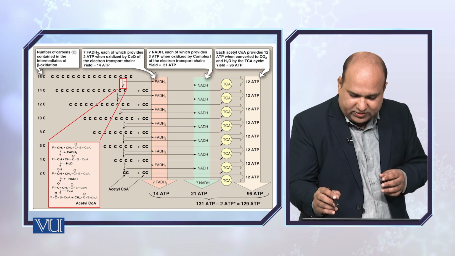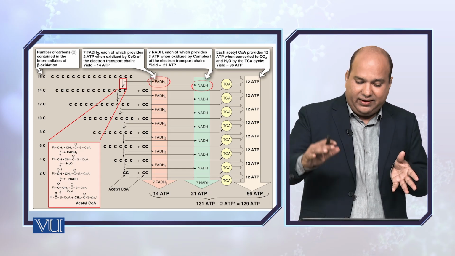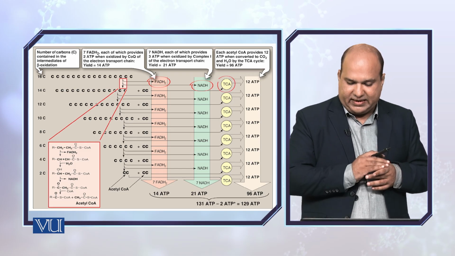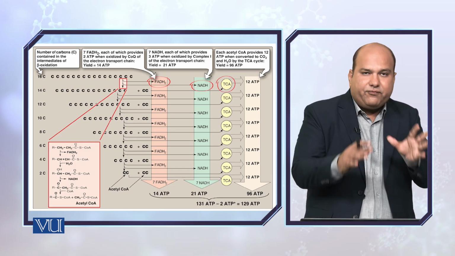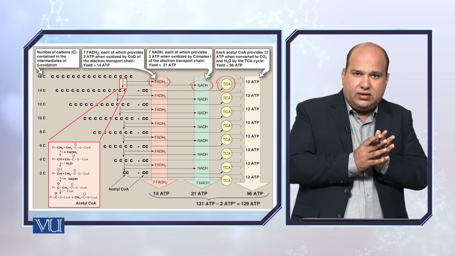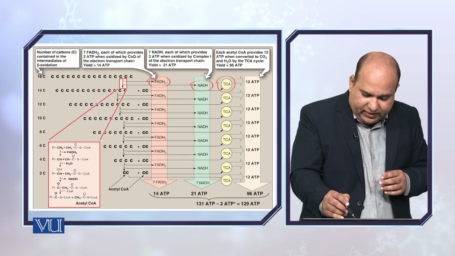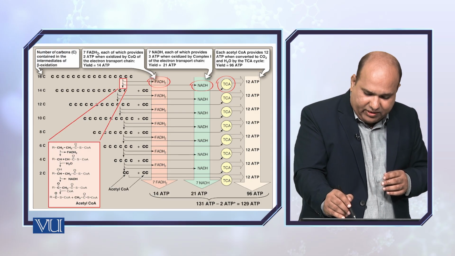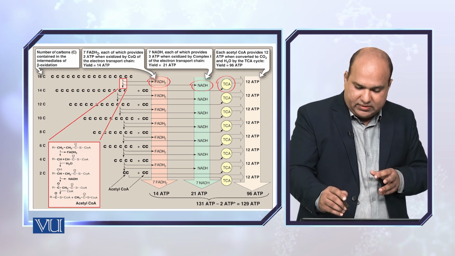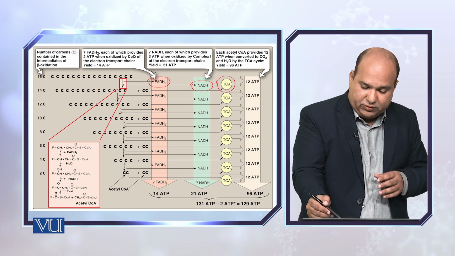In this whole process, you get an FADH2 molecule, an NADH2 molecule, and also acetyl-CoA, which goes into the TCA cycle. So if we are talking about a 16 carbon fatty acyl-CoA, 7 FADH2 will be produced, and similarly 7 NADH2 will be produced.